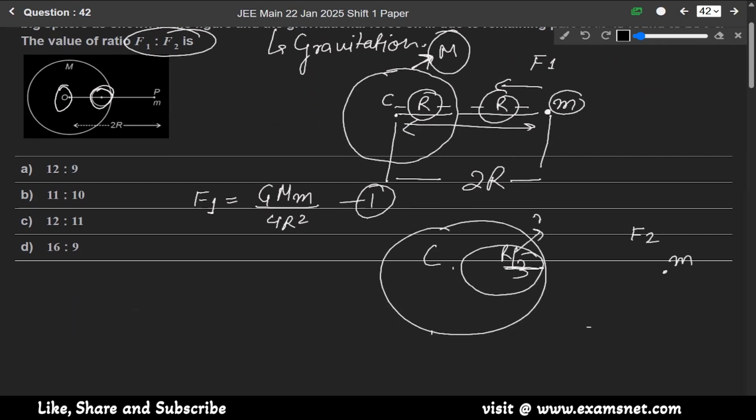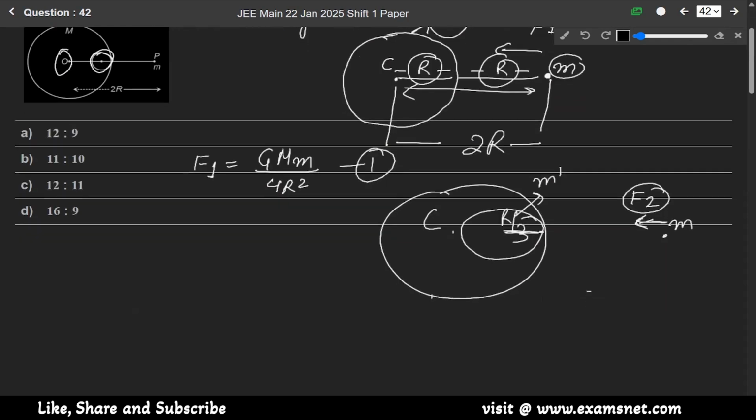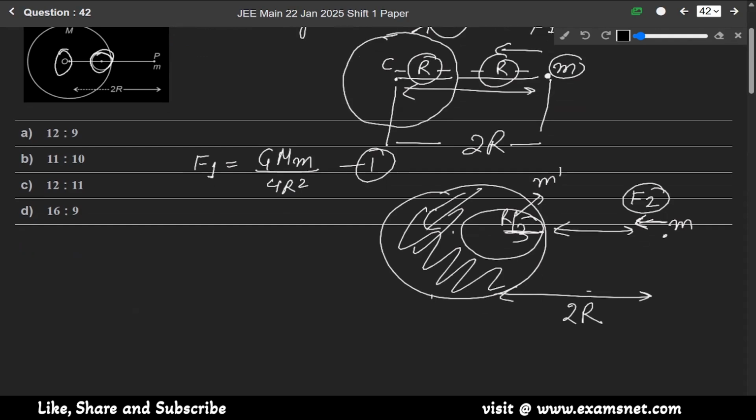Let us say the mass of the removed sphere is m prime, exerting a force on m in this direction. To find F2, this will be the remaining portion. According to the question, this distance is 2r and this is r. First of all, we will find the gravity at point A, at this point.